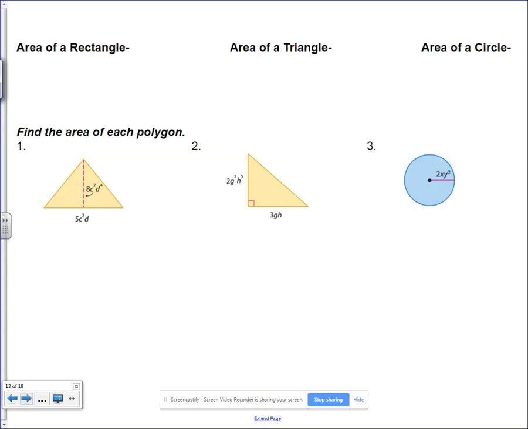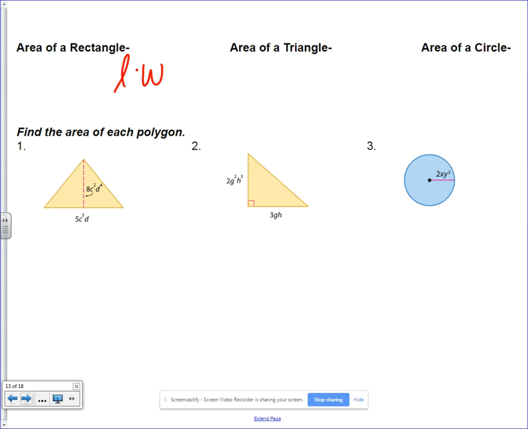Can you tell me how to find the area of a rectangle? Multiply what? Length times width. Okay. Can you tell me how to find the area of a triangle? That's perimeter. You're close. You're close, Savannah.